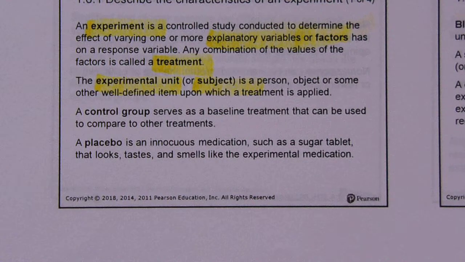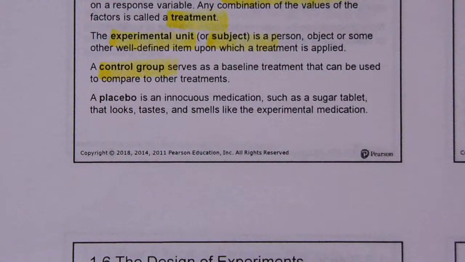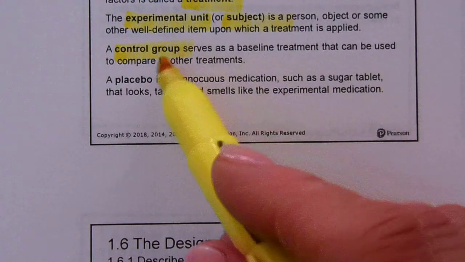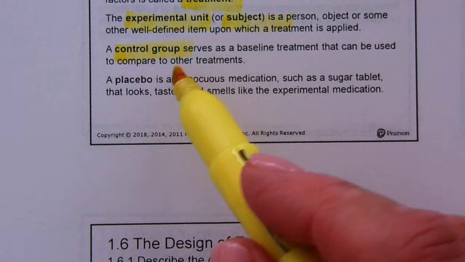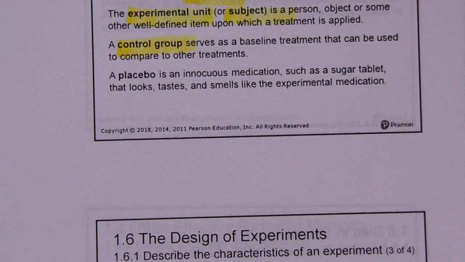Okay, so it doesn't have to be a person. The control group is a baseline. Okay, so we use that as the group that doesn't have the treatment. And then we're going to compare it to the group that we do have the treatment for. So the control group is the group that does not have a treatment.